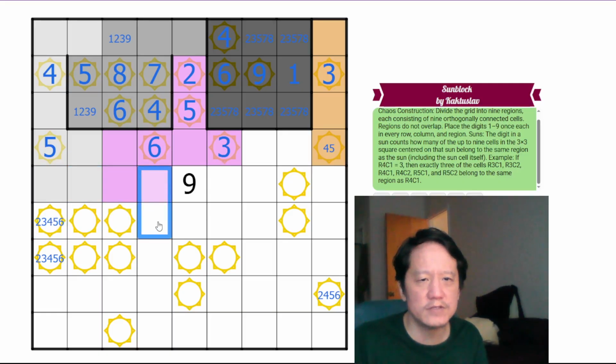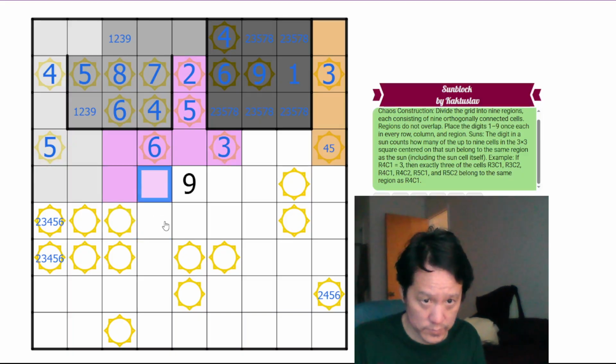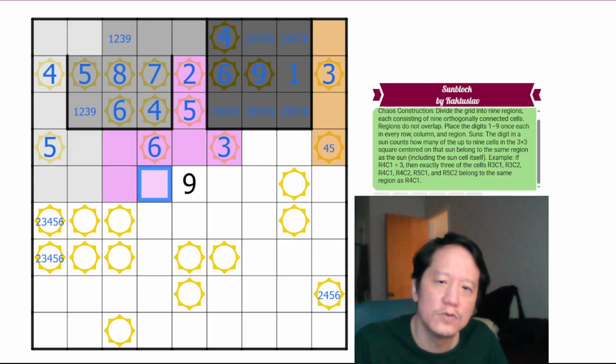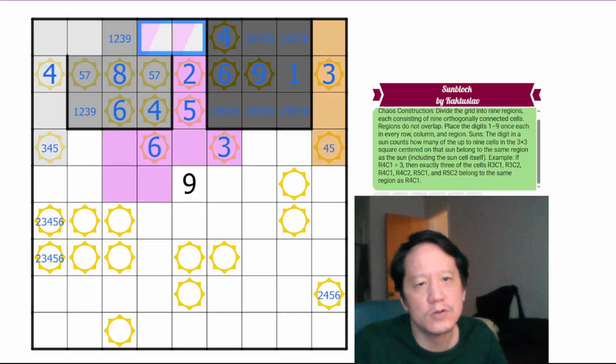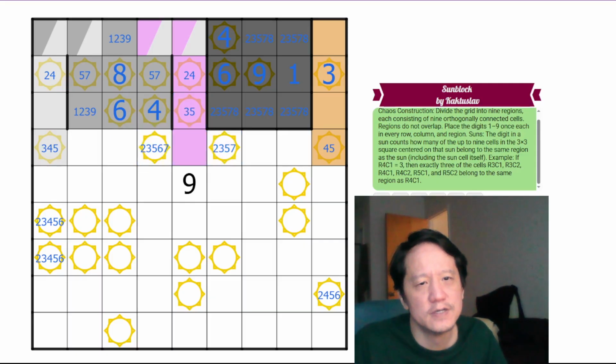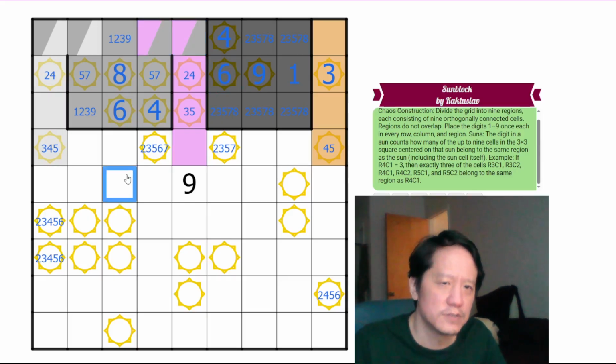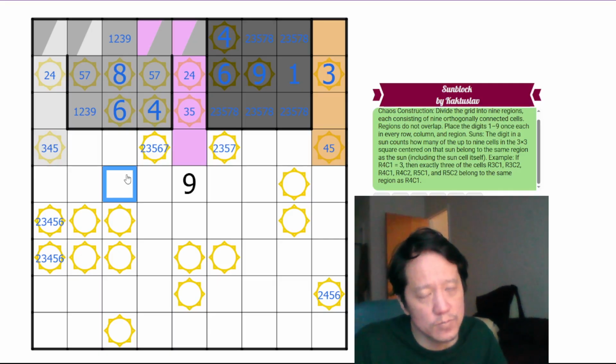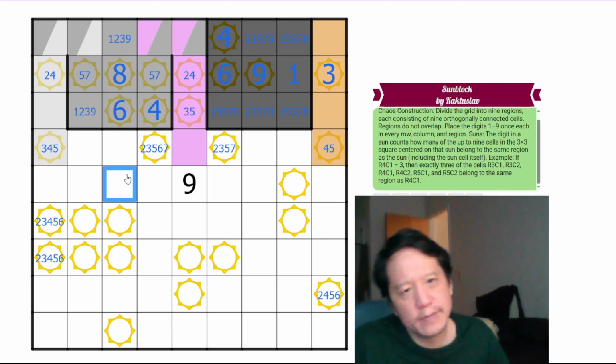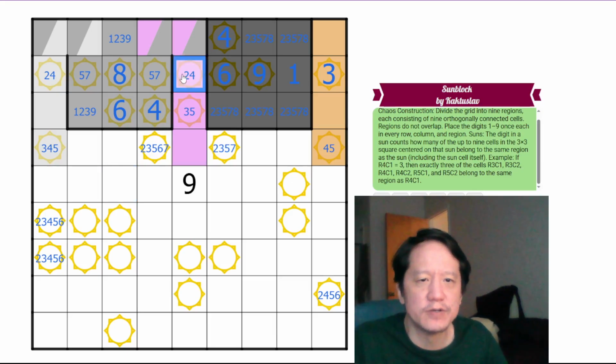Then one of these is pink. So that could work. Okay, well, I was hoping that wouldn't. These can't be light. They are medium as the other choice.